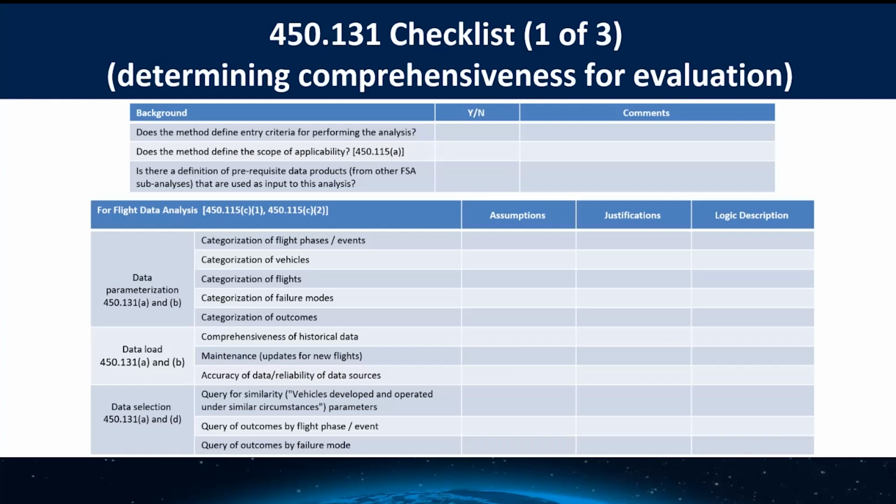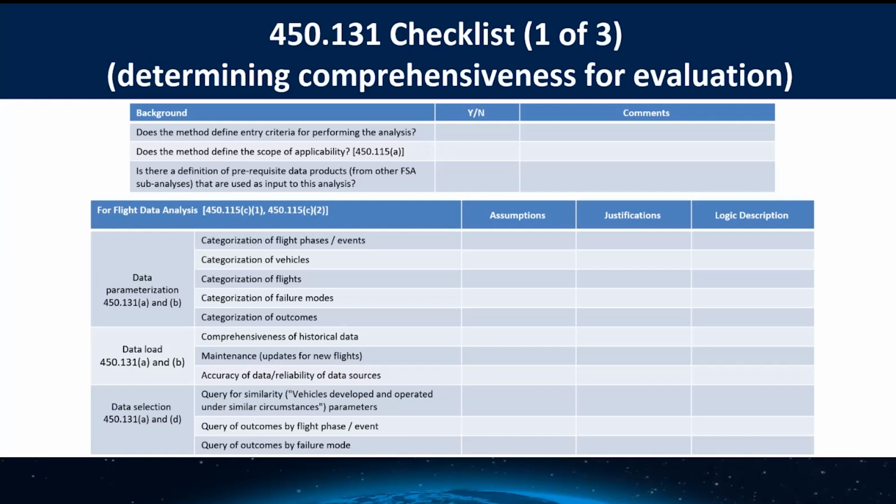The other three sections here define a list of common data products that are usually produced to build data sets for computation and carry with them some assumptions and logic descriptions that conform to 450-115 C1 and C2.